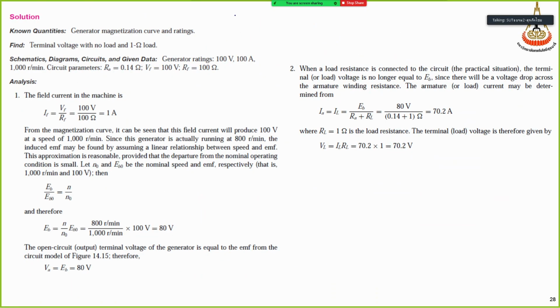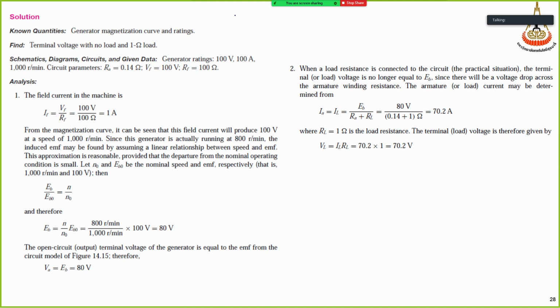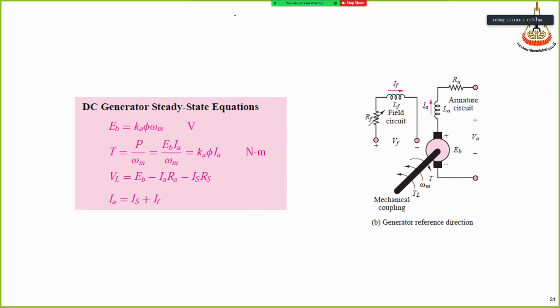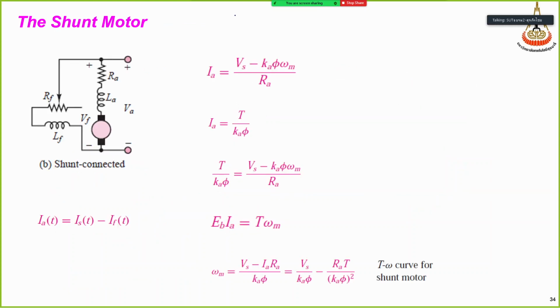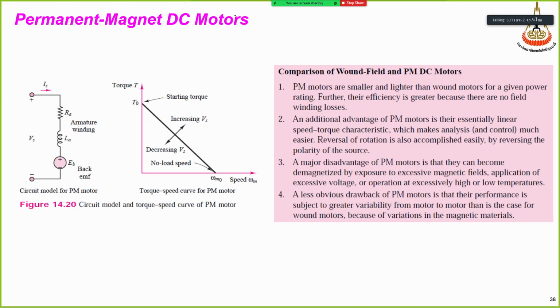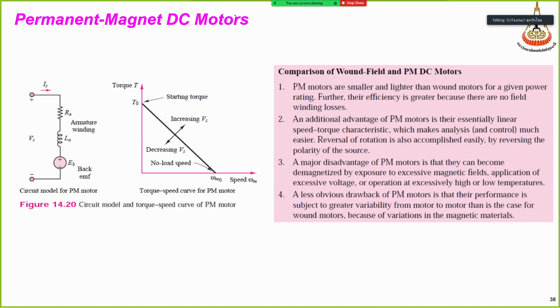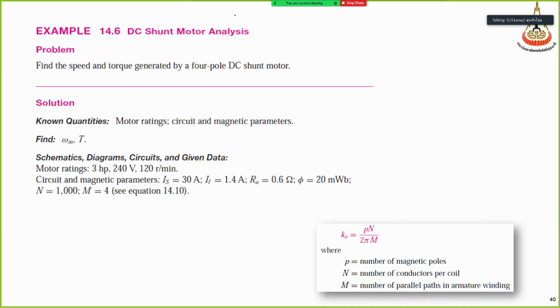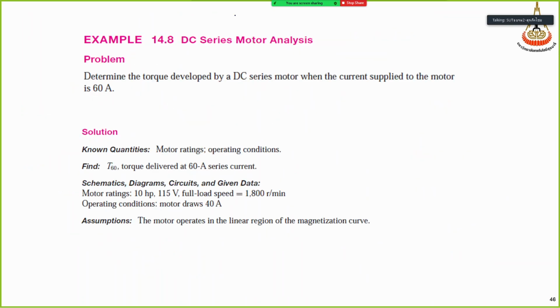And we have some computation examples, and maybe consider it as a shunt motor and a compound motor, with the characteristics of each machine. Permanent magnets, maybe I will skip this topic, and maybe only the different types of DC machine is fine.